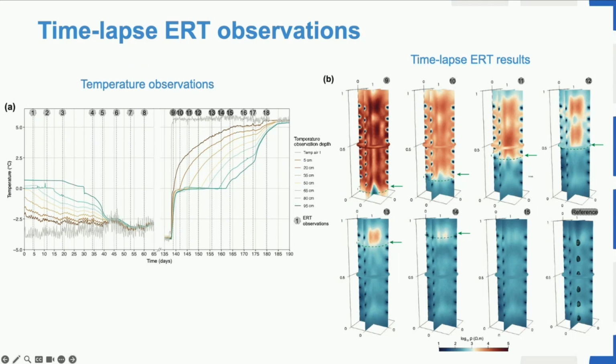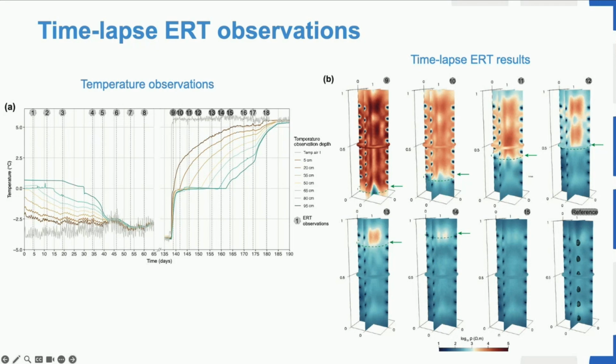What we can see here on the left are temperature observations. This is when we froze our column, and this is where we thawed our column. And these are all the ERT inversion results from the thawing period. Here, figure 9, is when the column was fully frozen, and you can see a really high resistivity distribution throughout the column.